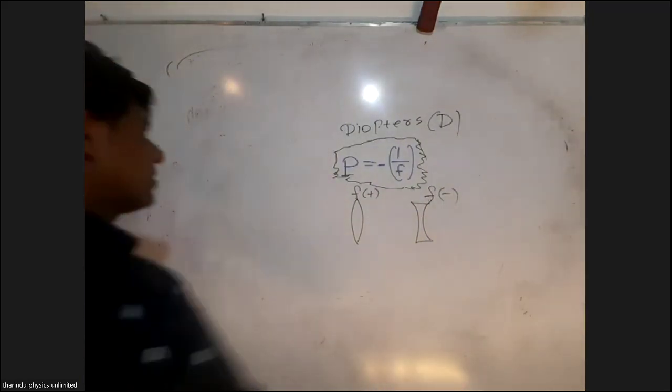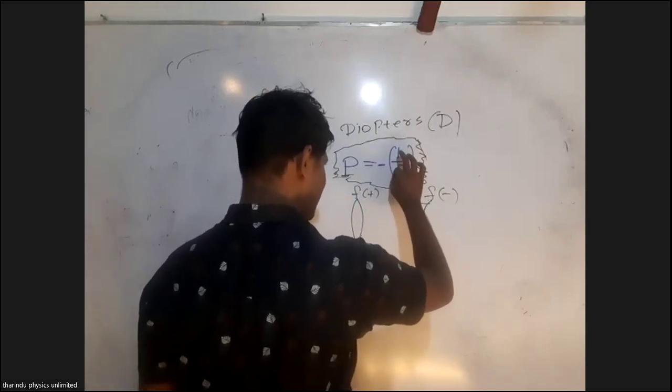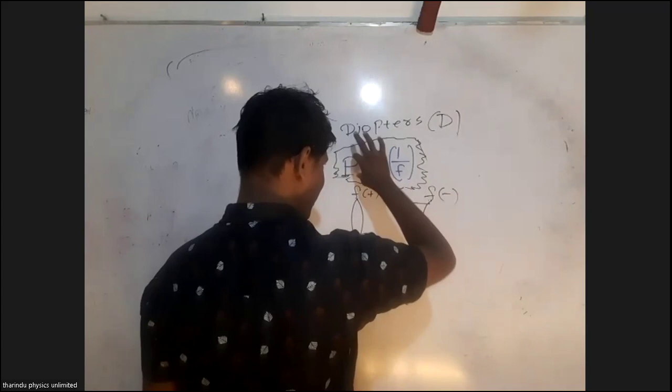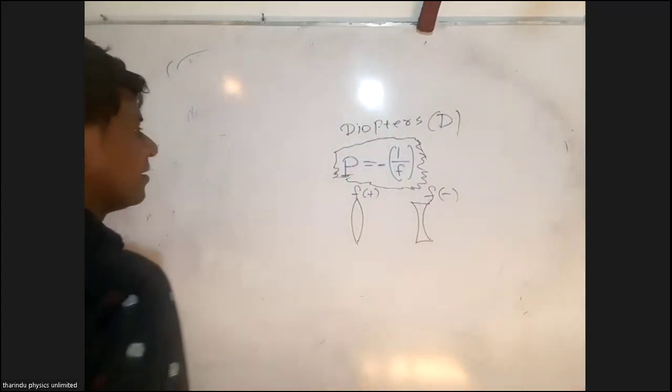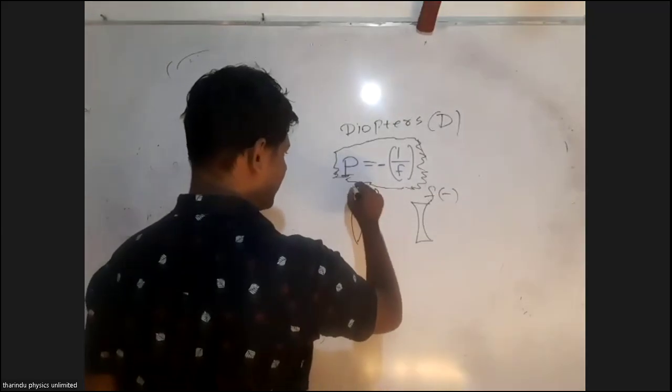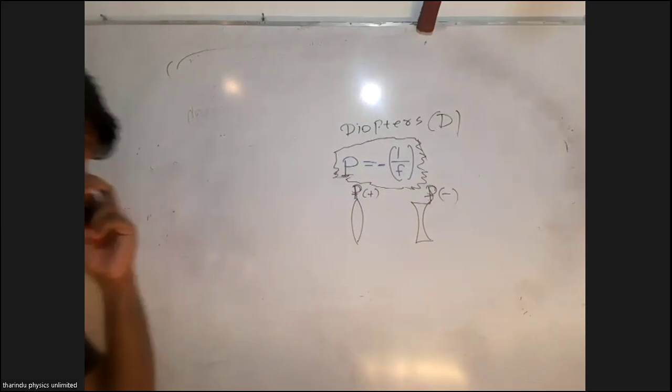That is why we put a negative sign here. According to our system, negative here and negative finally becomes positive. Power is positive for convex, negative for concave.